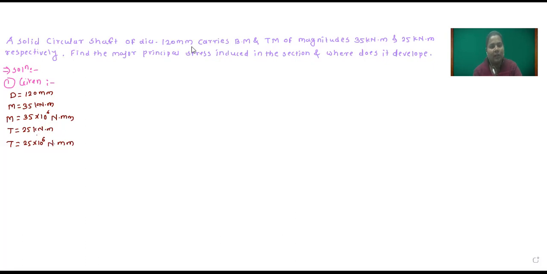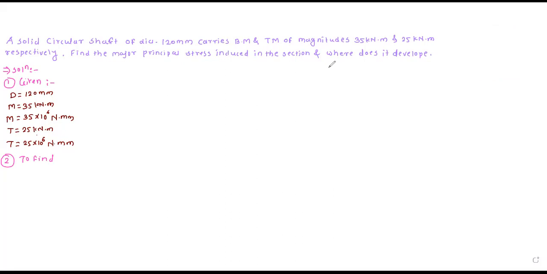So now we will write which parameters we have to find. To find: sigma 1 and sigma 2.